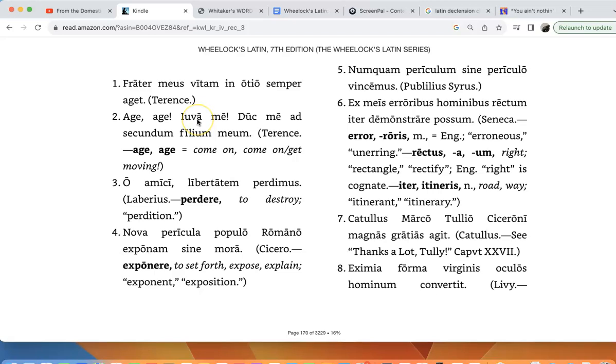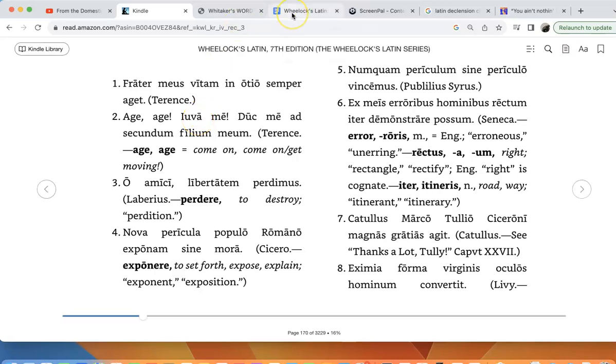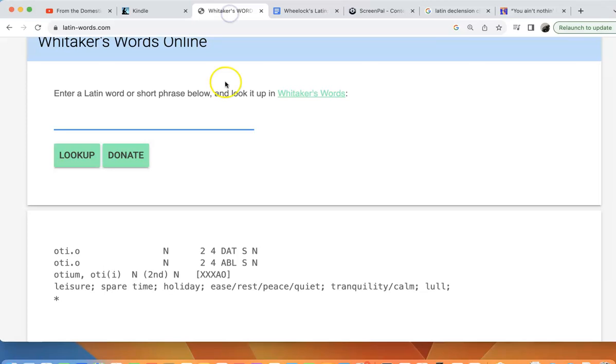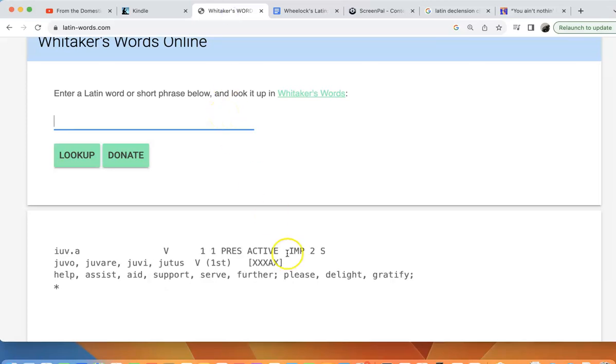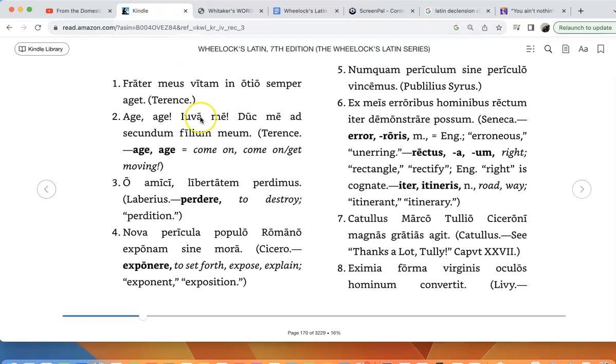Also, juva is imperative. Once again, if we're not sure about the vocabulary, so this is juvo, juvare, but you can see here, this is present active imperative. Classical Latin did not have a J. Later it did. But you can see some various translations for this. You have to use the context to choose the best one.